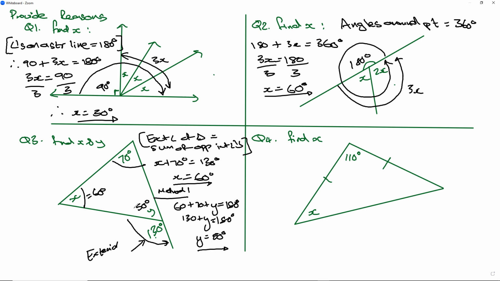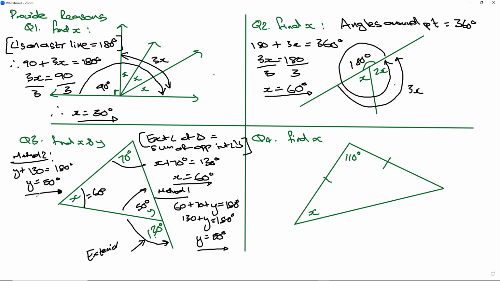So this angle here will be 50 degrees. Method number two would be if you take y plus 130, it'll equal 180 degrees. So y will be 180 minus 130, which is 50 degrees.